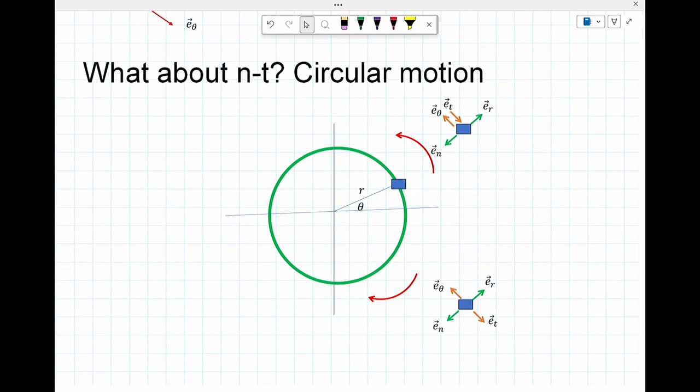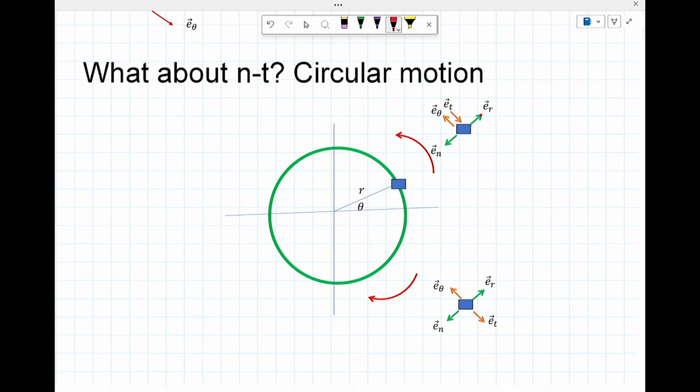If I were to look at that particle, I can define E sub r, and E sub r is always outward. It always goes from the origin out to the particle or point of interest. E sub n points in towards the center of curvature, and the center of curvature is the origin, in this case, with a circular path.